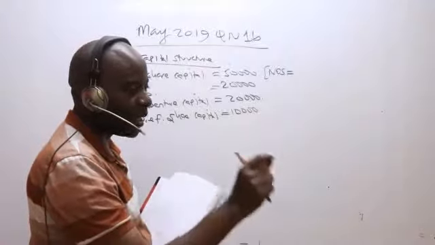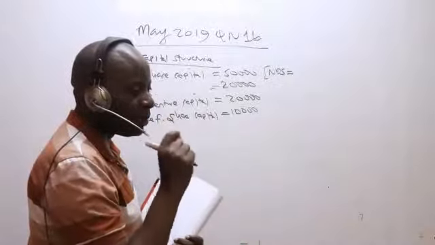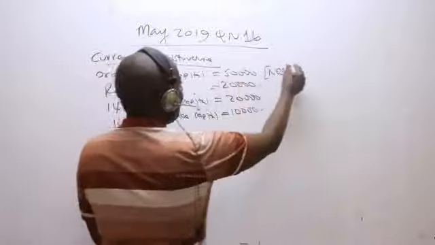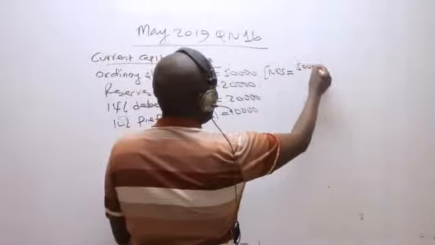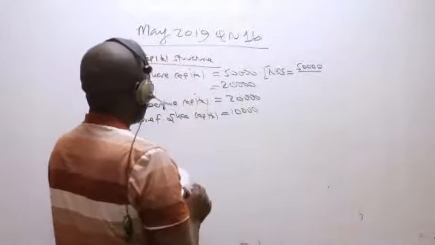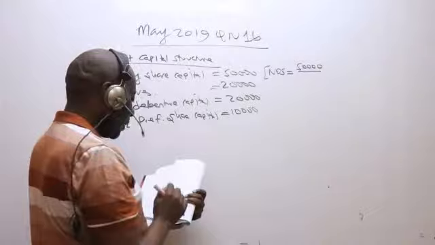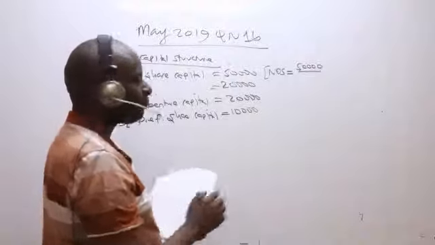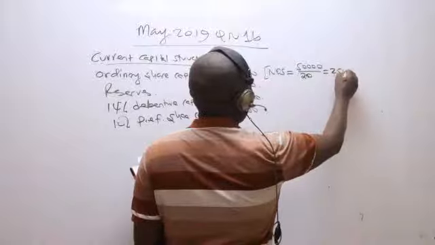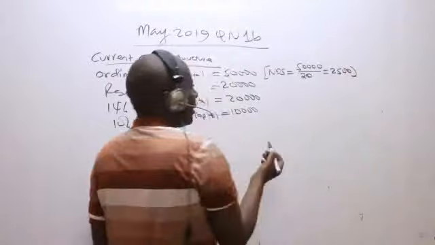You take the share capital given, 50,000, you divide this by the par value. Have they given us the par value? Yes, 20. So that gives 2,500. Thank you very much. This is important.